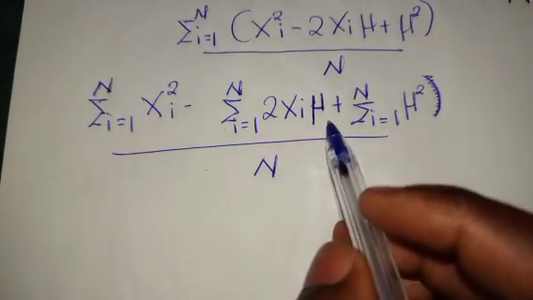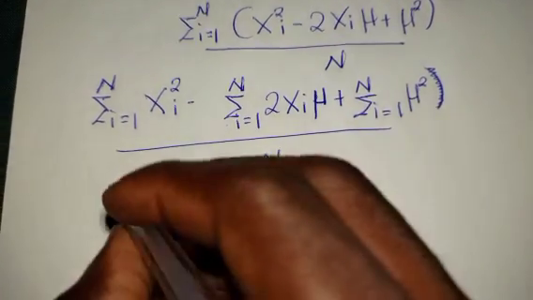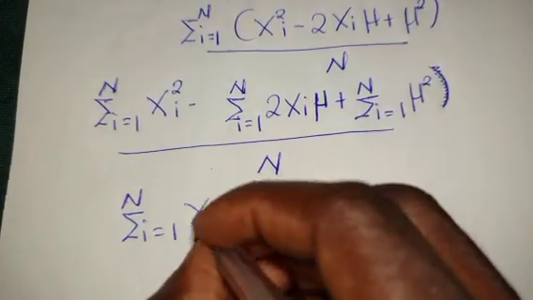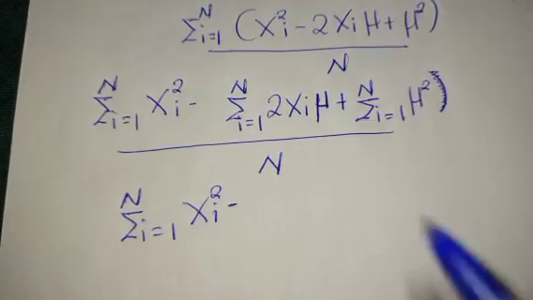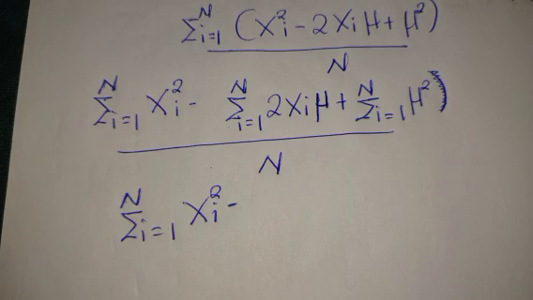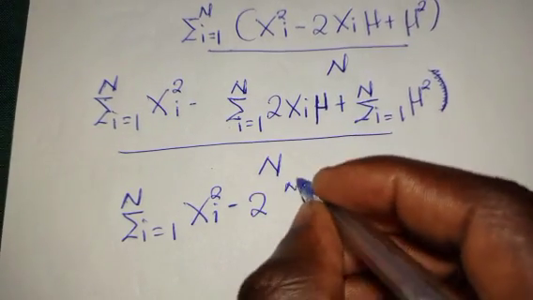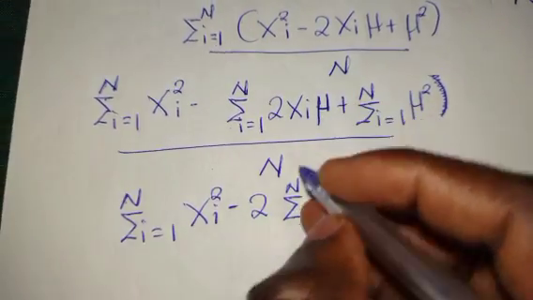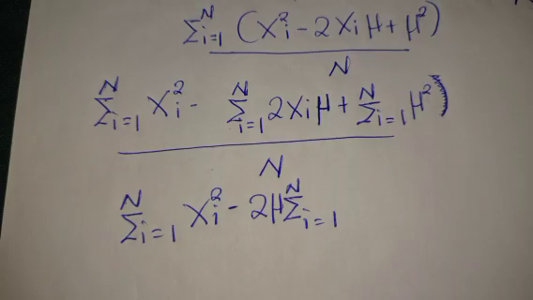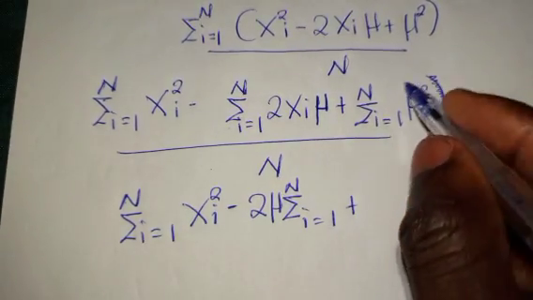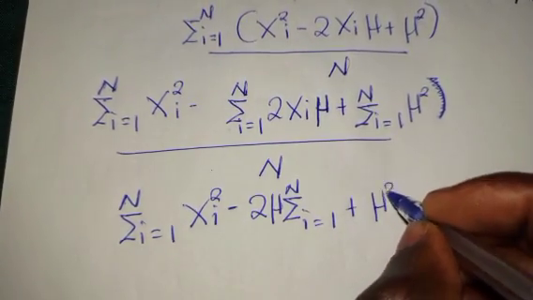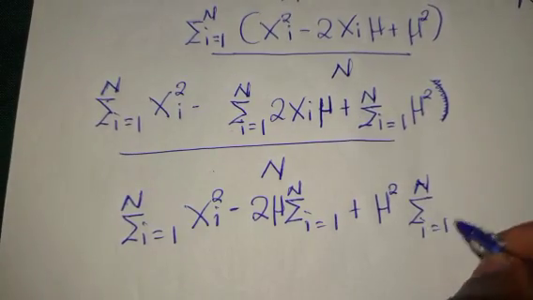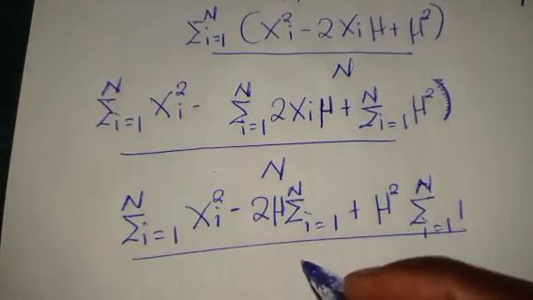So from here we will factorize mu. We have the summation of x_i squared minus, 2 will not change so 2 comes outside, times mu which also does not change so it stays outside, times the summation of x_i, plus mu squared outside, and you remain with the summation of 1, all over n.